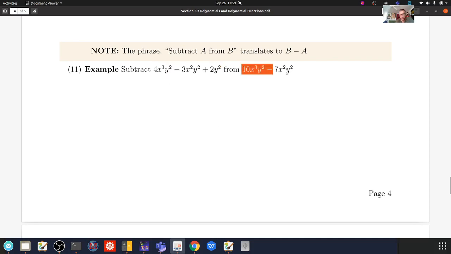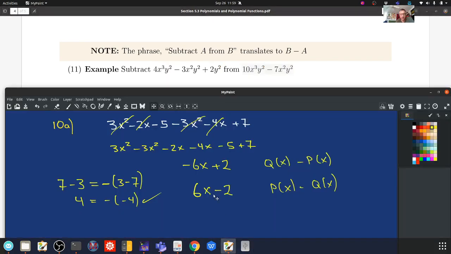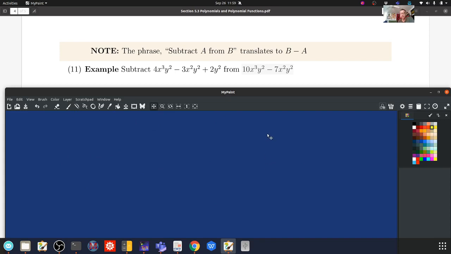So we're going to subtract, this is another common error, that's the reason I put this note there, subtract this polynomial from this polynomial. So again, we're feeling a little bit cocky here. We think we can do it without writing parentheses. So I'm subtracting this polynomial from this polynomial.